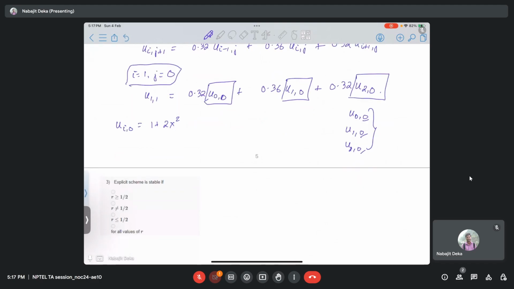For u 0 comma 0, that is x equal to 0, t equal to 0, it will be 1 plus 2 into 0 square, equal to 1.